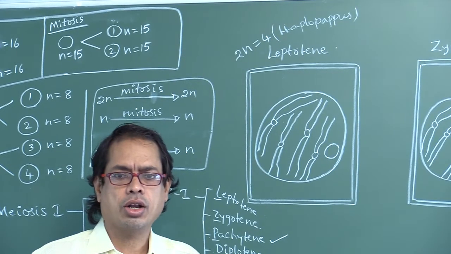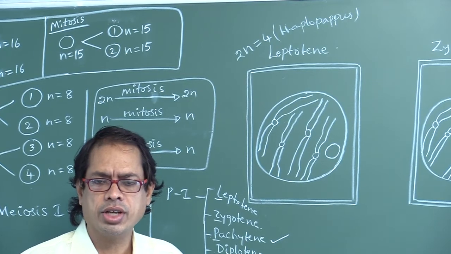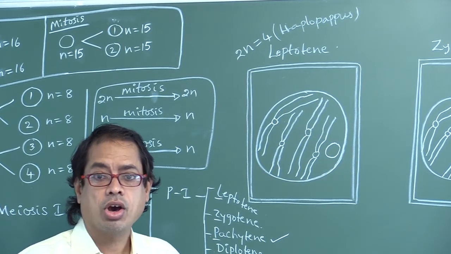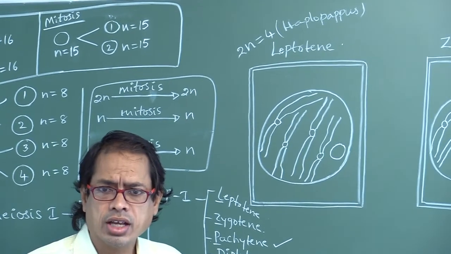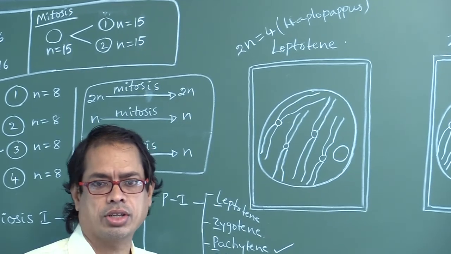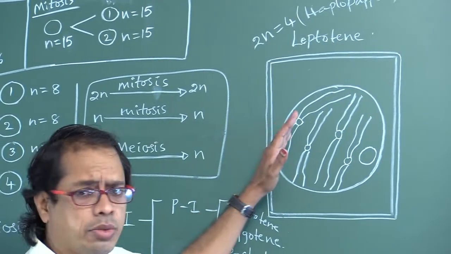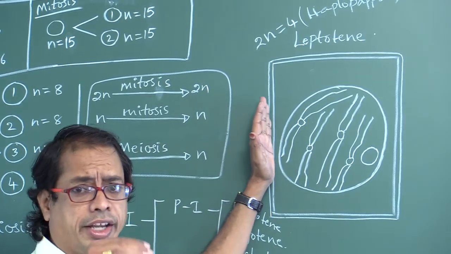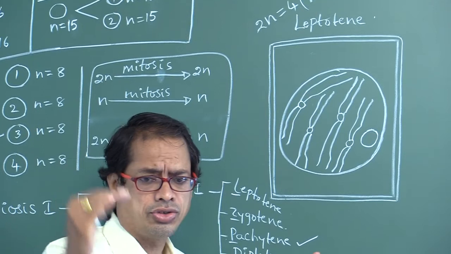In which cells does meiotic division occur? In reproductive cells or germinal cells. When does meiotic division occur? During gametogenesis, during the formation of gametes. Before this step, interphase occurs: G1, S, G2.